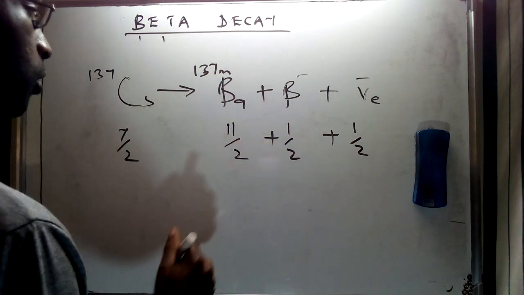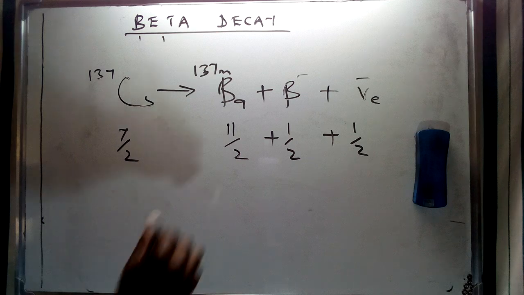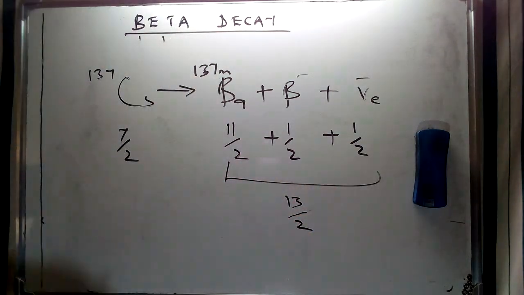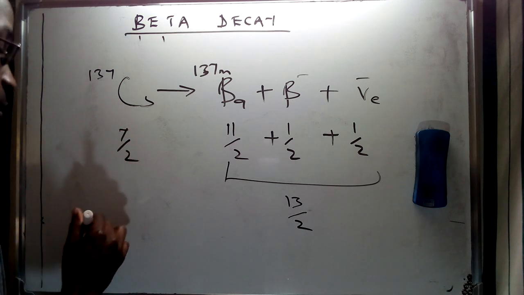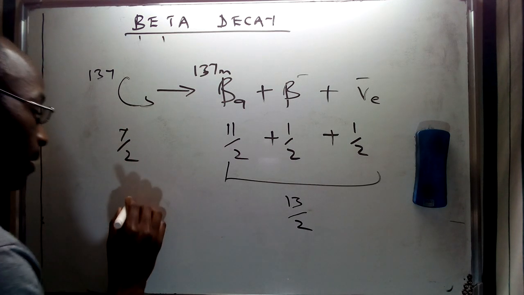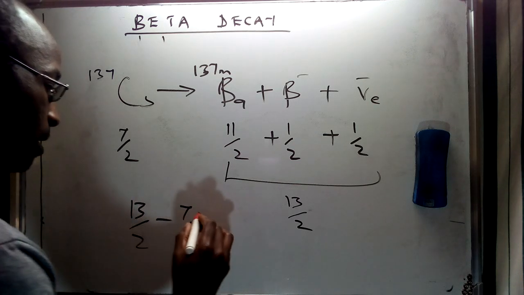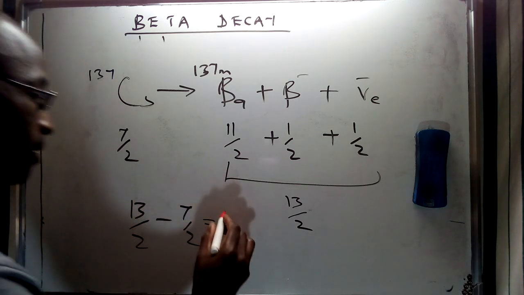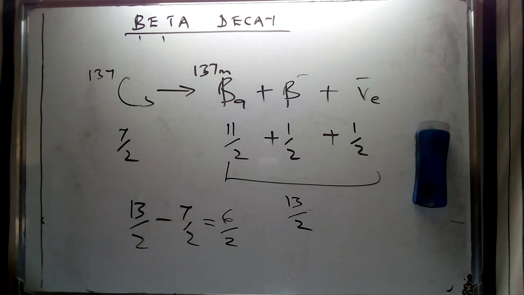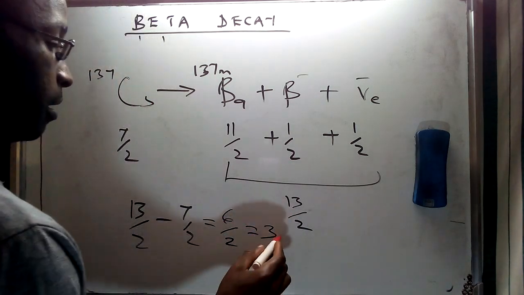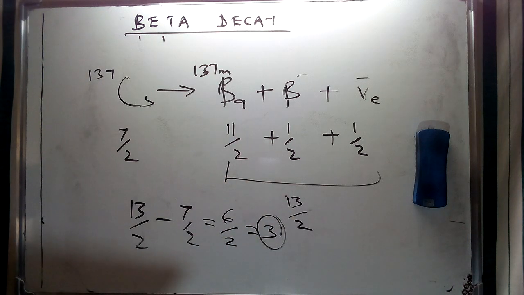So we're going to see that the total spin of this specific side for the product is going to give us 13/2. And then we have the spin for the reactants, which is 7/2. So the difference between the spin for the product minus the spin for the reactants, as we said, is going to give us 6/2, which gives us an integer value, which is 3.